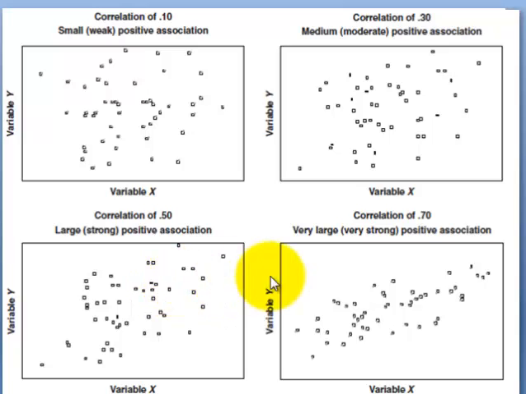And finally, here is our strongest positive correlation in terms of the qualitative descriptors we're using. Here we're really starting to see a very strong lineup of the dots along a straight line. I will just mention that it is usually a good idea in doing research to go ahead and create a scatter plot.